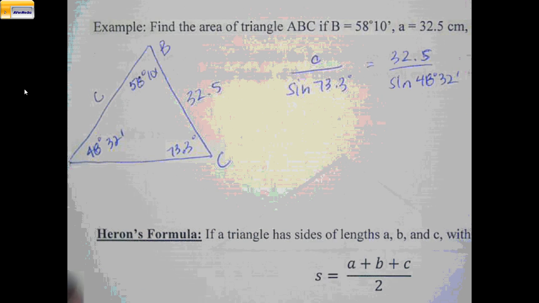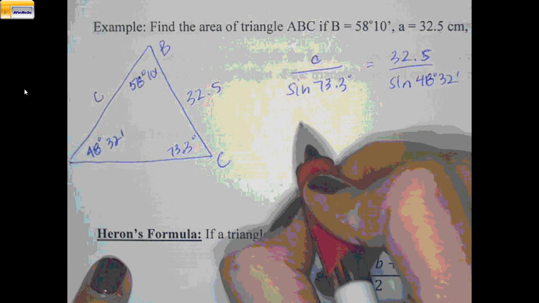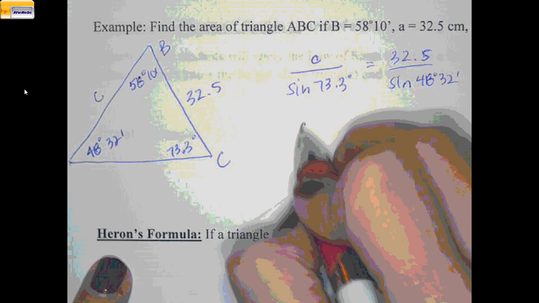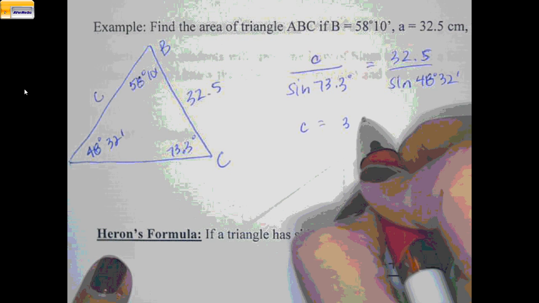And now you can solve for C. So I multiply both sides by sine of 73.3.